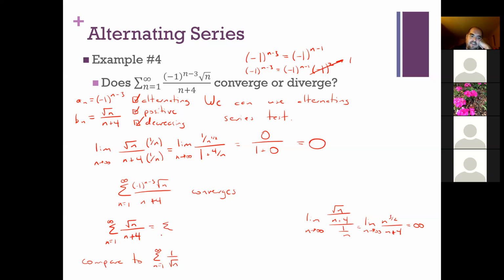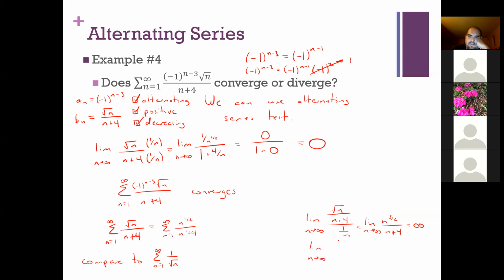So if I rewrite this, the sum from n equals 1 to infinity of n to the 1/2 over n to the 1 plus 4, hopefully it's clear that's going to trend toward n to the 1/2.